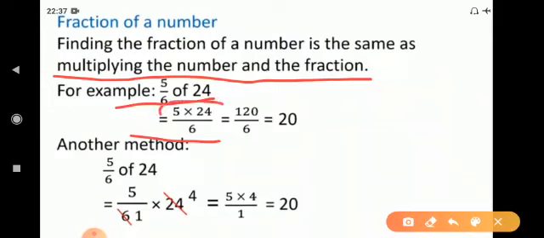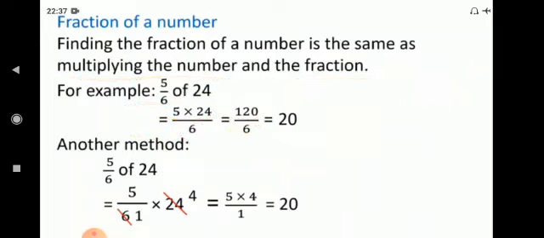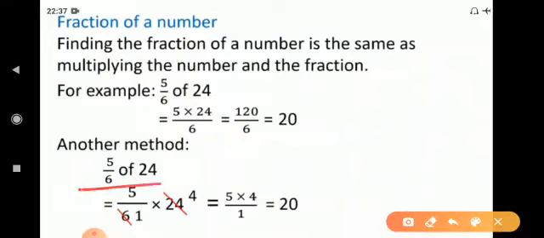Now 24 5s are 120, and 6 in the denominator. Now your number is like this, 120 upon 6. Now divide 120 by 6, we will get the number 20. Next, another method to solve this, 5 upon 6 of 24.